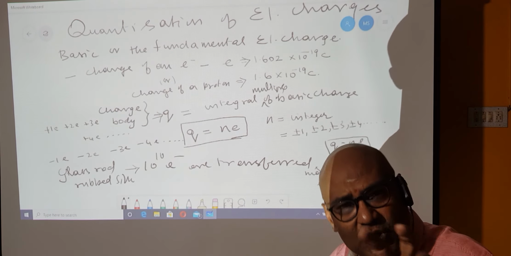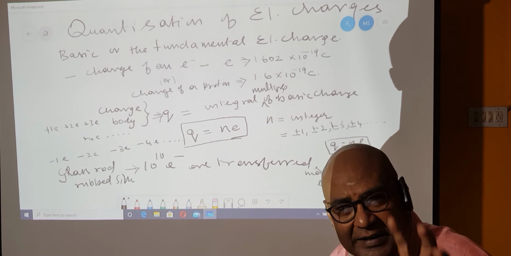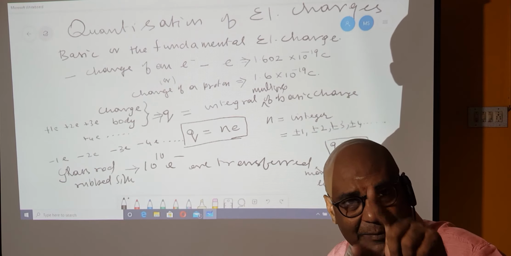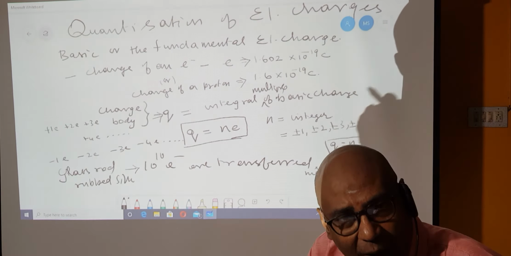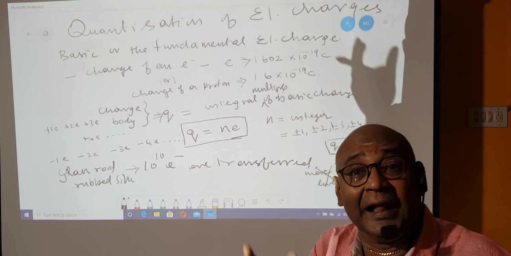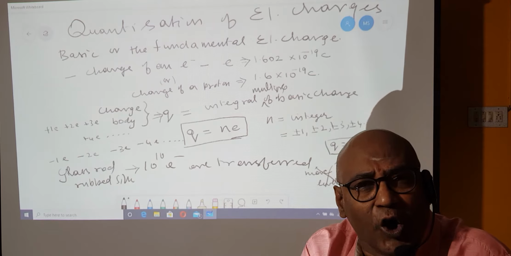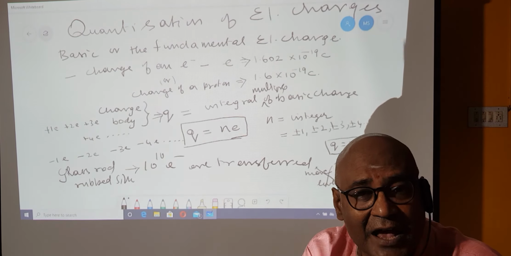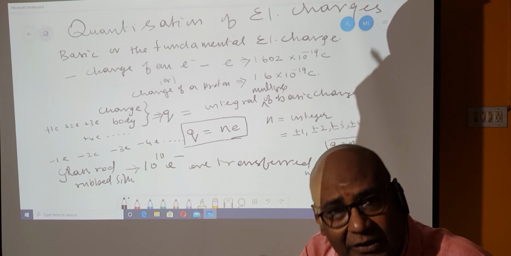That is also equal to the charge of one proton. When you are considering the total charge available in a charged body, which is represented as Q, the total charge in the charged body is equal to integral multiples of the basic electronic charge. So the integral multiples, that is written mathematically as Q equal to N into E.